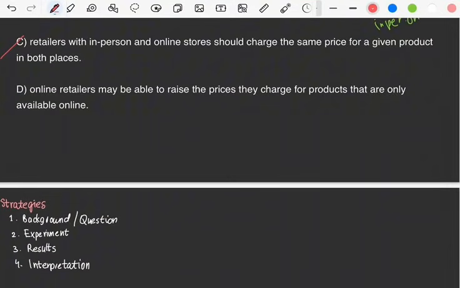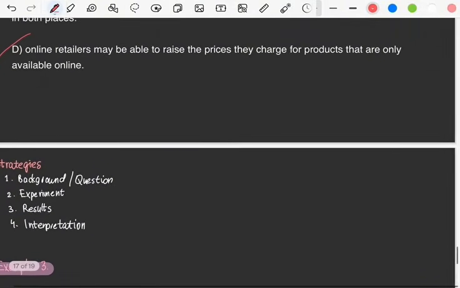And again, option D is online retailers may be able to raise the prices they charge for products that are only available online. This again is contradictory because this doesn't follow from the finding. The experiment showed that not being able to touch the items makes people less willing to pay, not more. So online retailers probably cannot raise the prices. So I'm going to eliminate this answer as well.